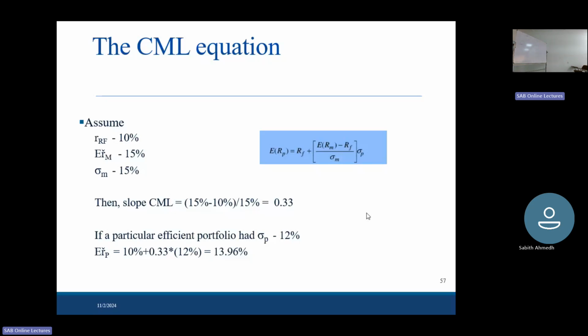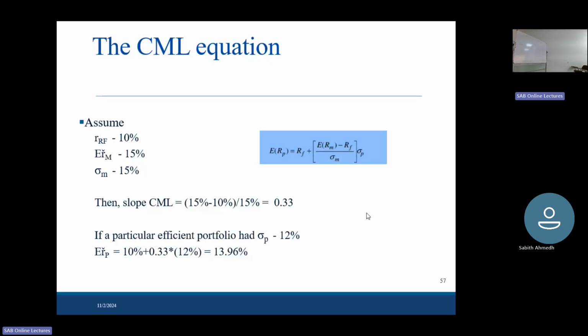The problem is when we have a portfolio that is not on the CML. That portfolio is not efficient.